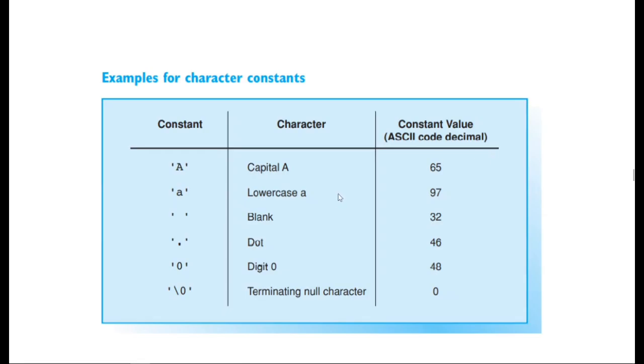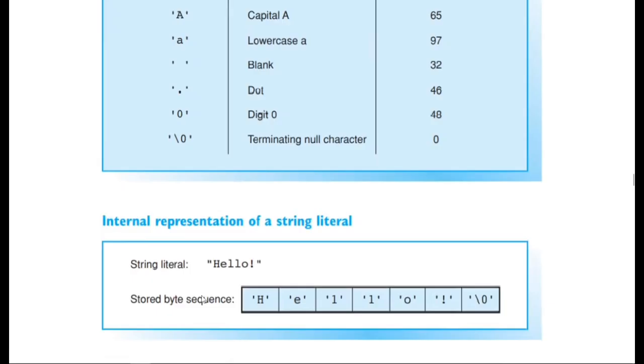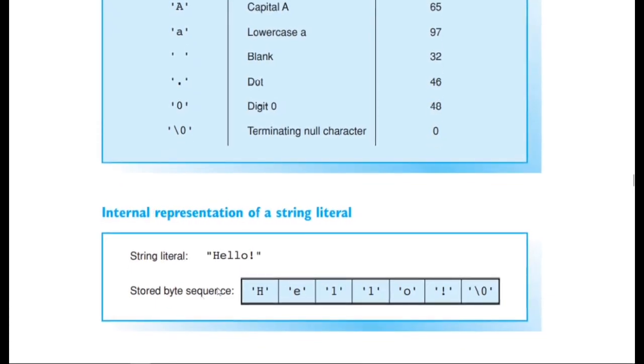An interesting one that's here is called the terminating null value. Now, why does it actually terminate? It's used to terminate strings, and I'll show you why that's necessary. Let's say you're writing your code and you're creating a string, or what we can also call a string literal. You start with a quotation mark, you write hello, exclamation mark, quotation mark. When that actually gets stored in memory, it will get stored as a sequence of 7 bytes.